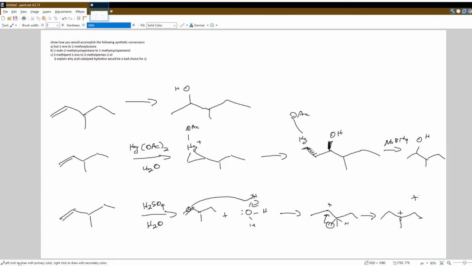Now we have to react with the water. It goes here, and then we get an OH2 plus. That gets a deprotonation step by water, and then we end up getting this molecule. Which is not what we want at all. So that's why acid catalyzed hydration is a bad choice for this one.